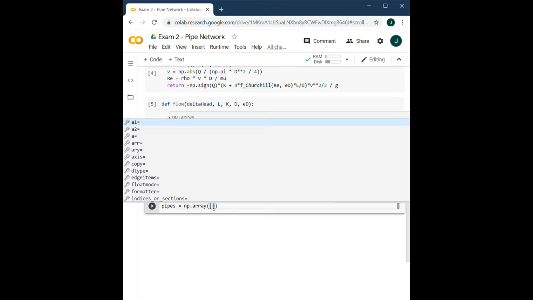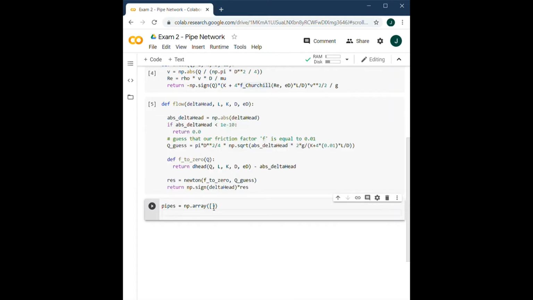So we're actually going to put a little comment here so I remember which goes where. We have our from node, and we're going to put that as the first column.